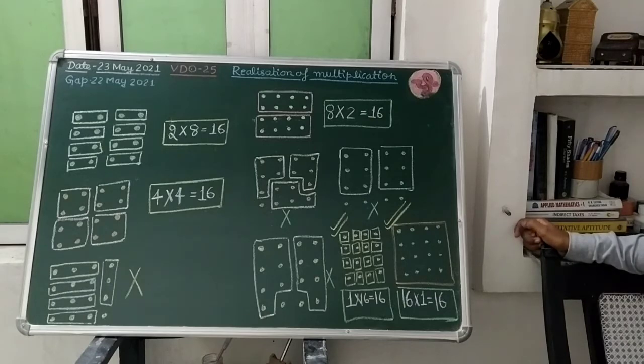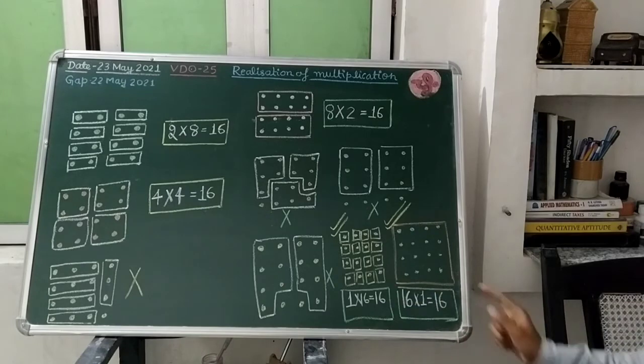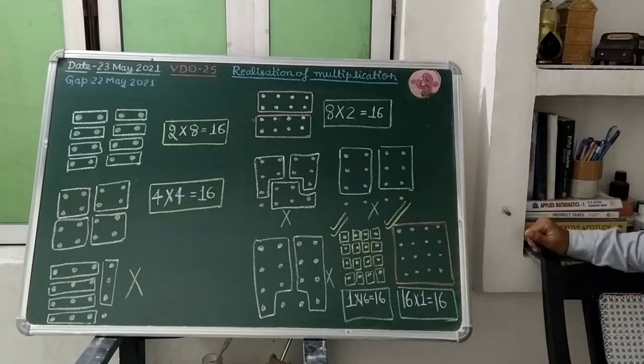Please try to observe it. This is going to give you SCF and LCM in a very easy way. Because what I am talking about, students, is the factors of 16. I will talk about factors and multiples in the next class.